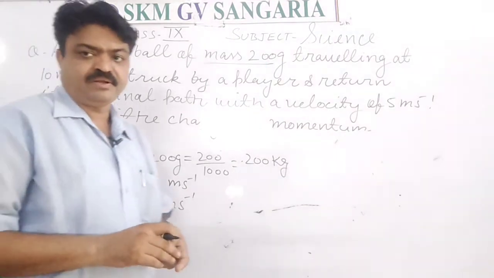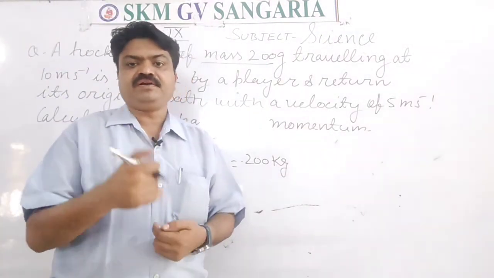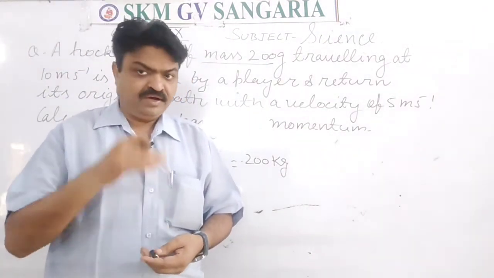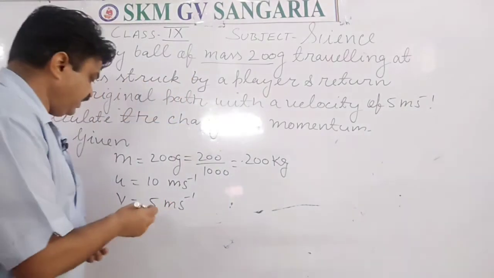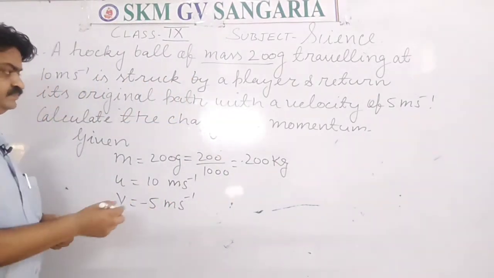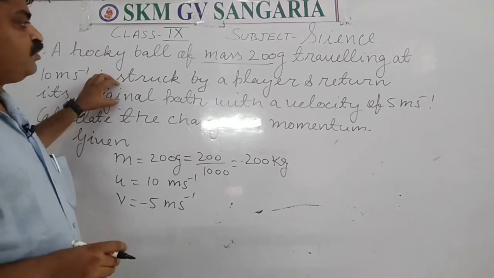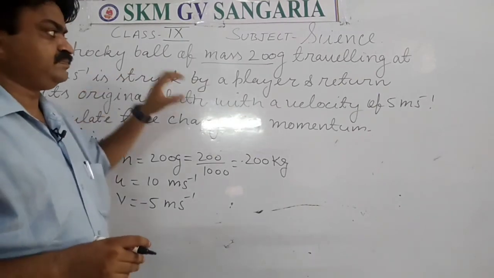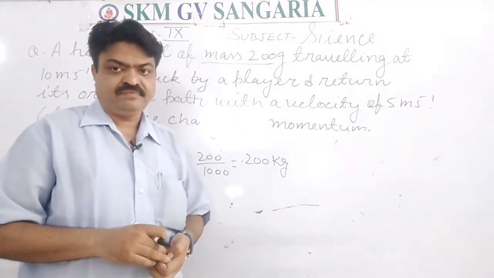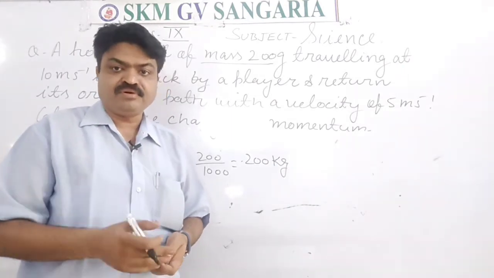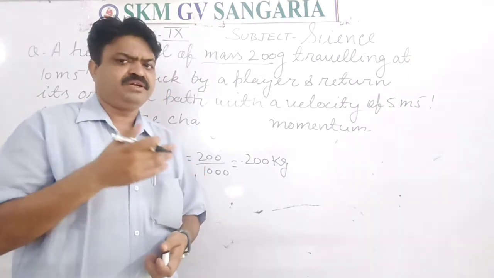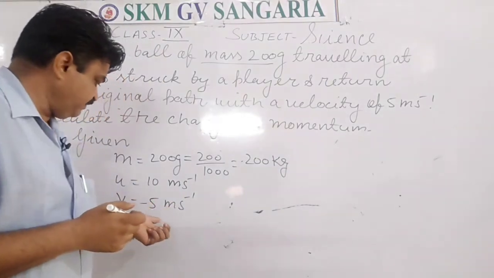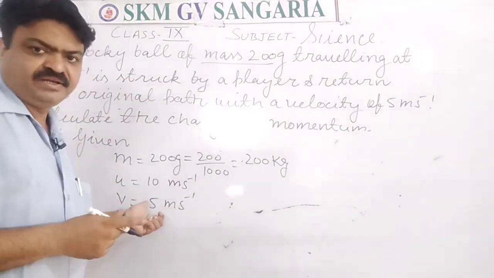Now this 5 meter per second we will write in negative. Why will we use the negative sign here, student? Because the ball is struck by another player from which the ball comes back on its original path. That's why we use the negative sign here.